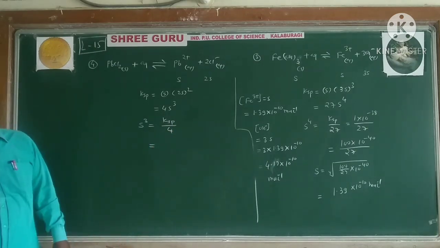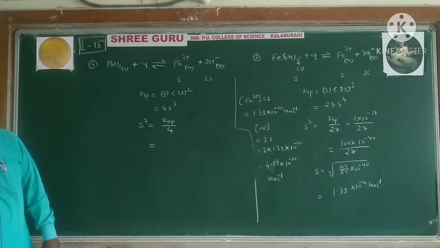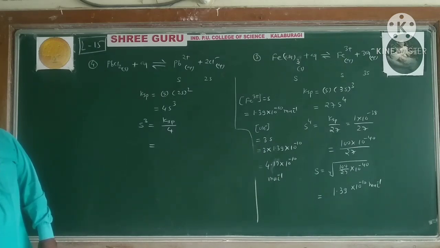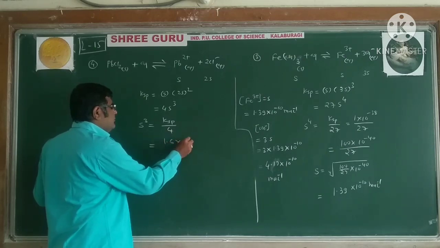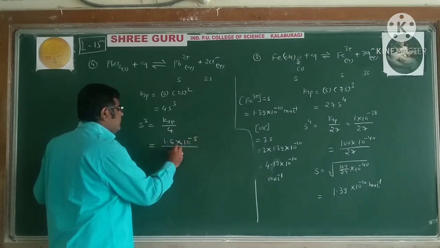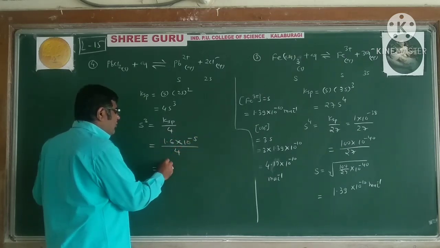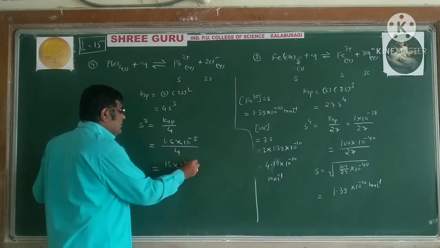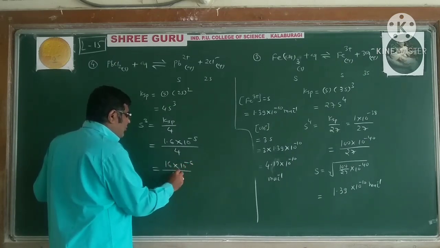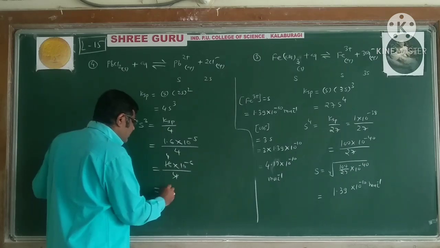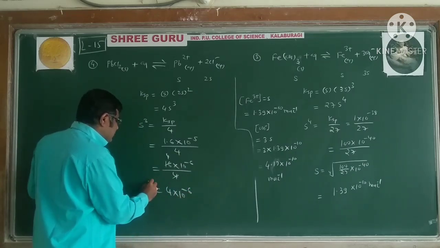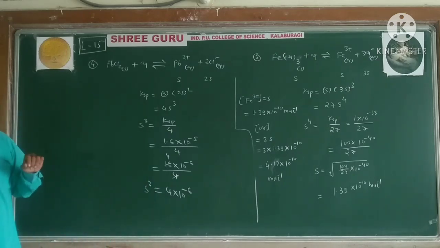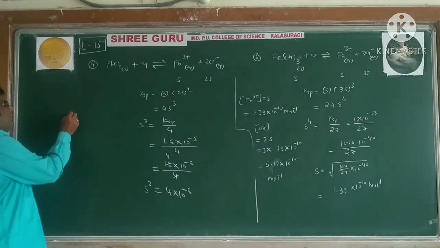Ksp for PbCl2 is given, which is 1.6 into 10 raised to minus 5 by 4. 16 into 10 raised to minus 6 by 4. 4 into 10 raised to minus 6 is S cube. Then we have to calculate S.